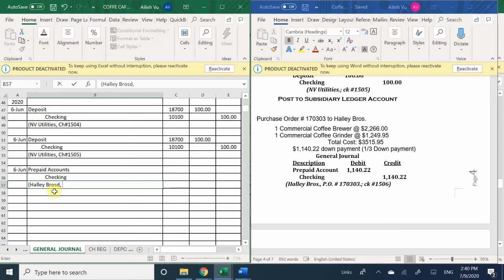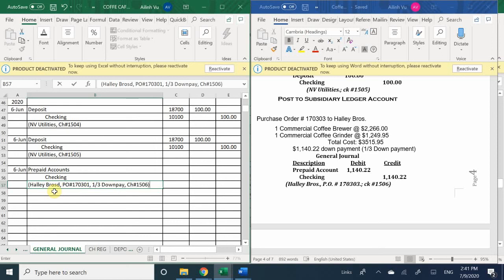And this time I'm going to indicate a little more description just so that I can know why I made this payment. So I'm going to do PO number 170301, 1/3 down payment, check number 1506.